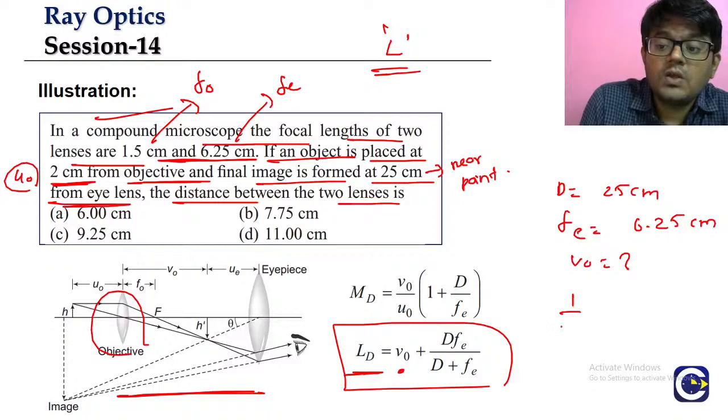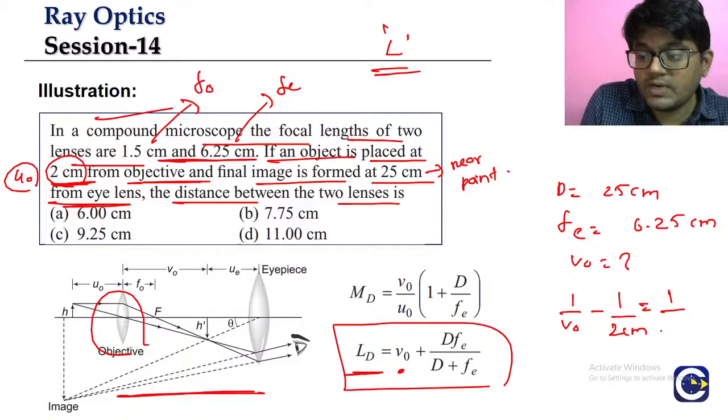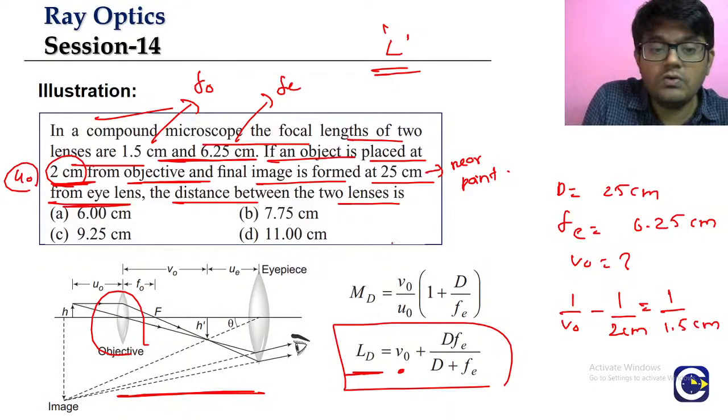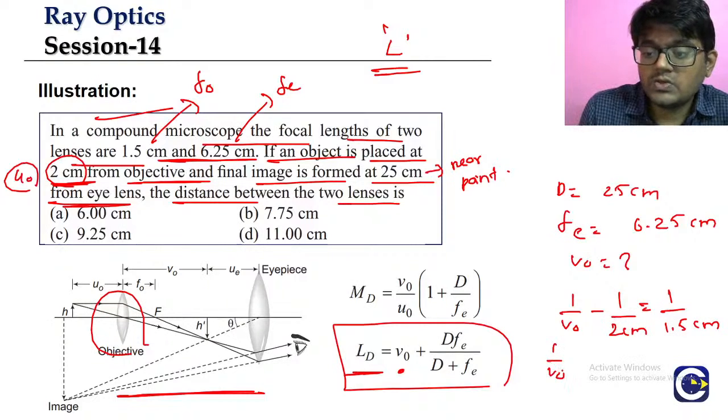1 by VO minus 1 by, where we are keeping it? 2 centimeter, right? Is equal to 1 by FO. What is FO? 1.5. So 1 by VO is equal to, this will go to the right side. We should keep a minus over there. Why minus?